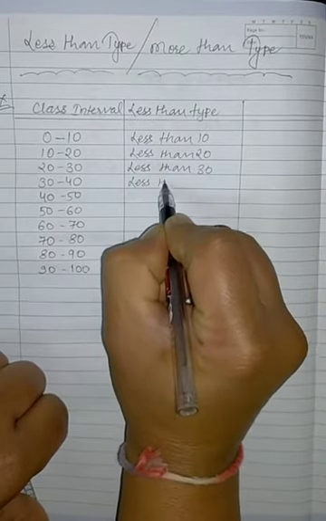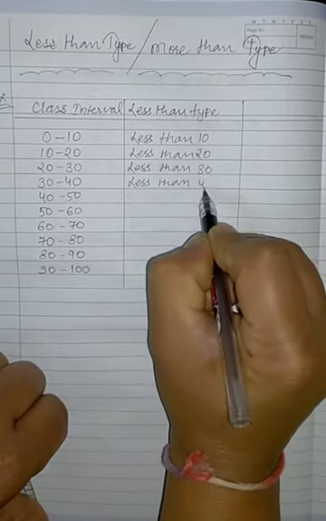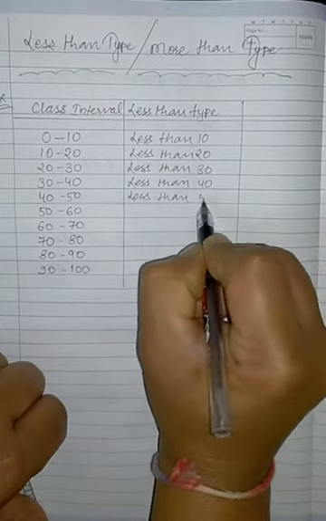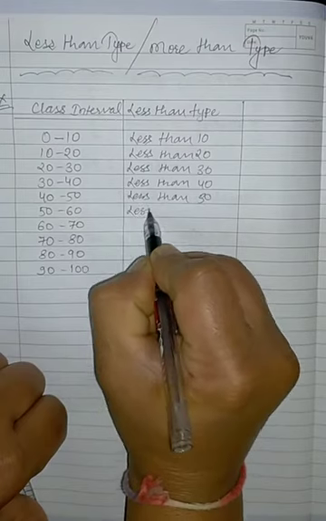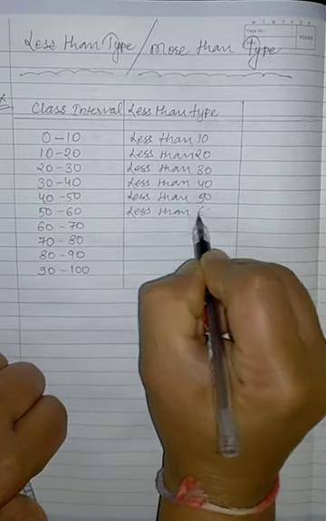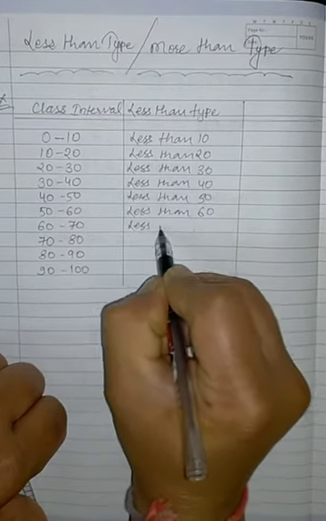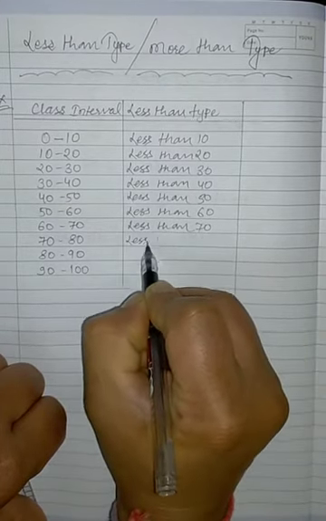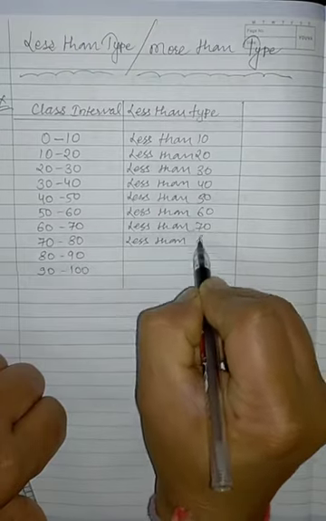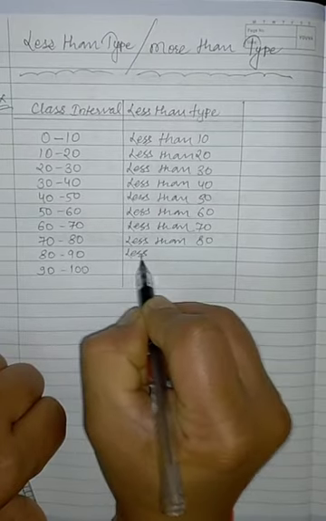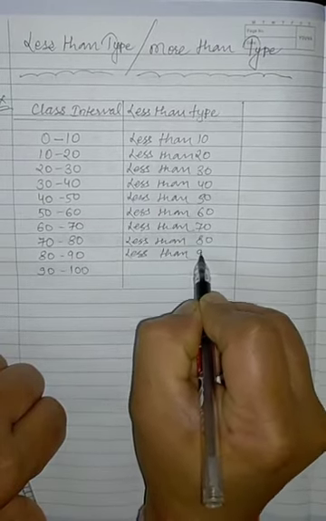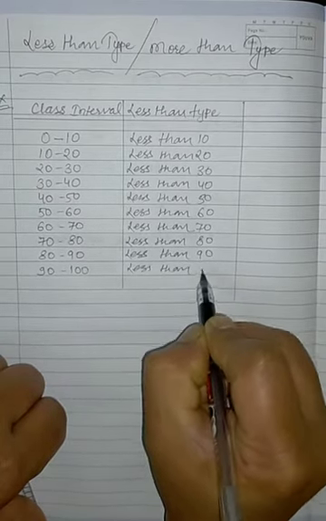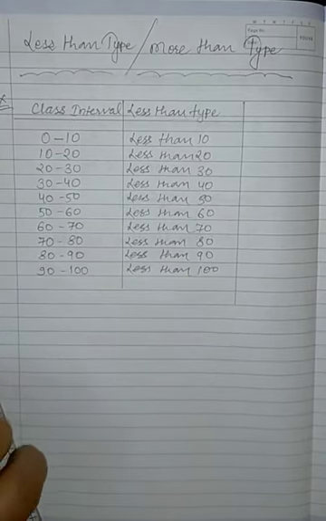In the same way, we will complete all the values: less than 60, less than 70, less than 80, less than 90, and less than 100.